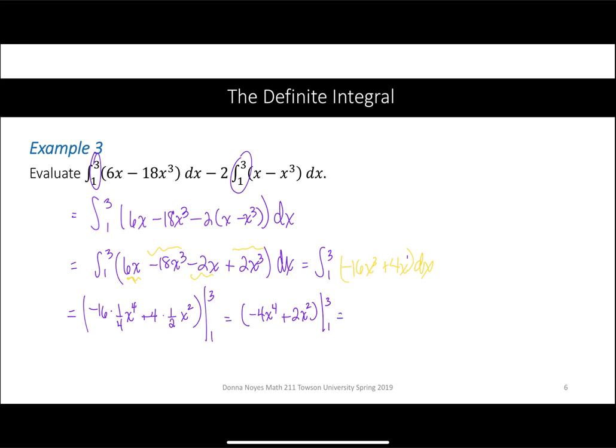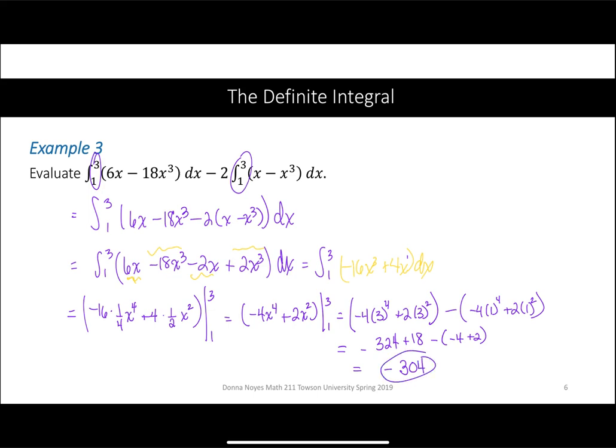So we find that we get negative 4 times 3 to the 4th plus 2 times 3 squared, minus negative 4 times 1 to the 4th plus 2 times 1 squared, or negative 324 plus 18, minus a negative 4 plus 2. So we end up with negative 304.